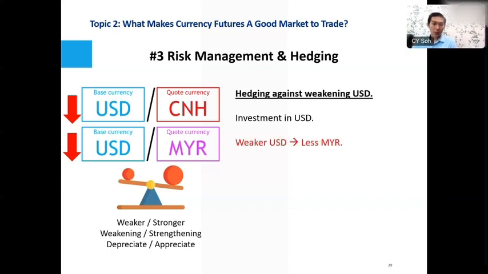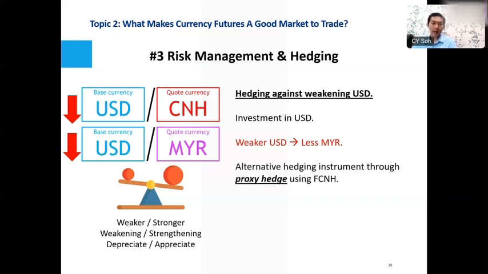In a weaker US dollar environment, you will be getting fewer ringgit. This is why you can take advantage of this FCNH as an alternative hedging instrument. In other words, we can use it as a proxy hedge to substitute, in order to hedge against a weakening US dollar against ringgit.